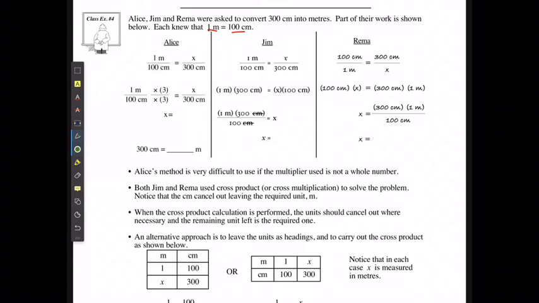The next thing that she did was she multiplied both sides by 3, which means that in this case x is equal to 3 meters, which means that 300 centimeters would be the same as 3 meters.